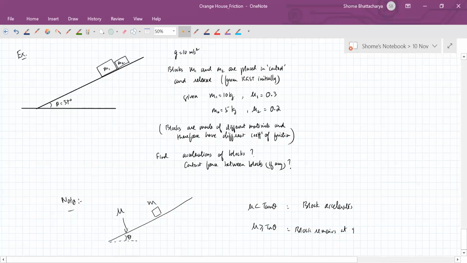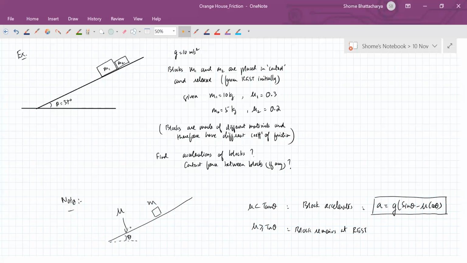Okay. And we also know that if it accelerates, the acceleration will be equal to this value, g sine theta minus mu cos theta. This we had learned very early on in friction. This is mu kinetic only because there is one common value of mu. Okay. So importantly, you can see that if it is accelerating for this condition, then its acceleration A is independent of mass.